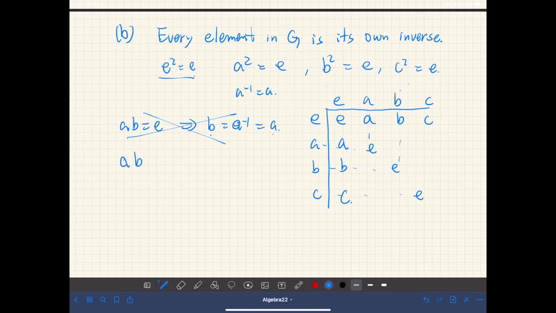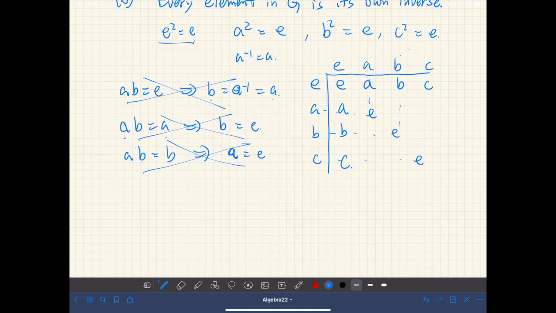And what about AB is equal to A? But that would imply, by canceling A, we have B equal to E. But that is again a contradiction. And AB equal to B. This would imply, by applying B inverse from the right, we have A equal to E. But again, this is not possible.